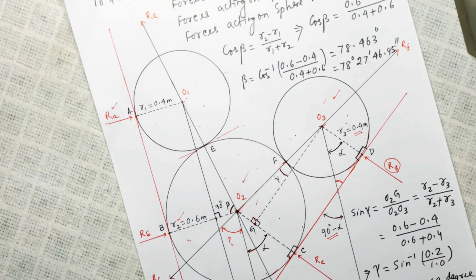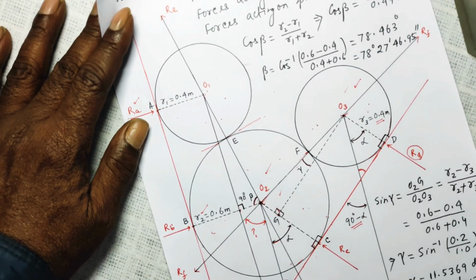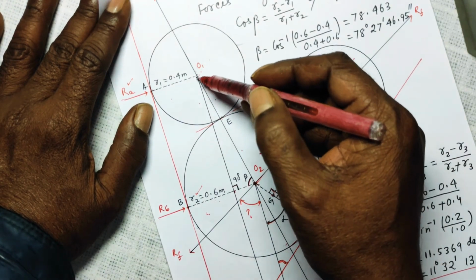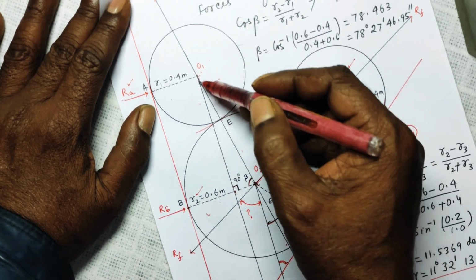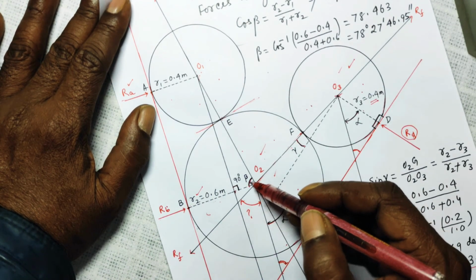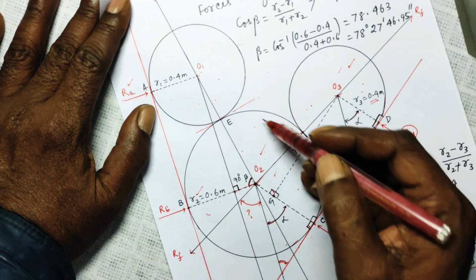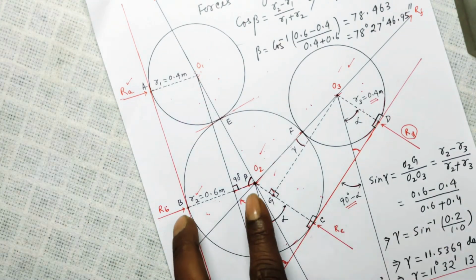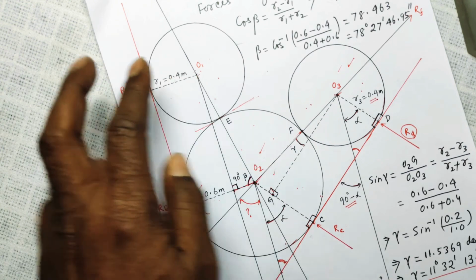So let us find out first, in this triangle O1, what is the value of beta? Now taking cos beta, it will be base over hypotenuse, that is this distance over O1 O2. This distance is the same thing as R2 minus this much, that is R1.